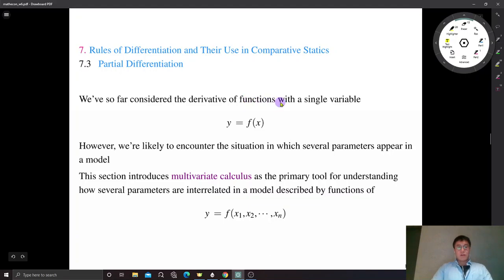Remember that the derivative of a function measures, when we change x just a little bit, a tiny change in variable x, what is the corresponding change in y? It is an instantaneous rate of change.